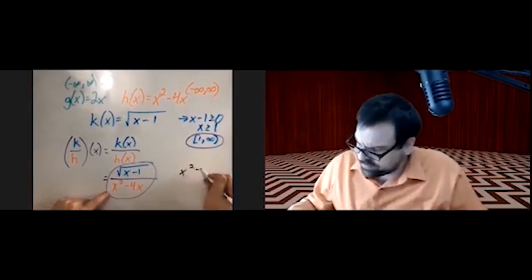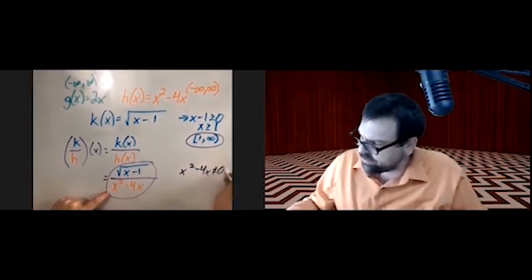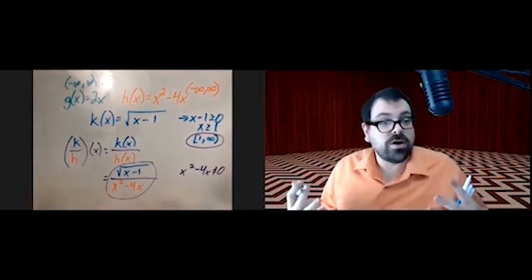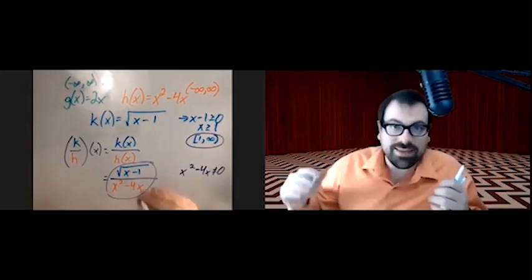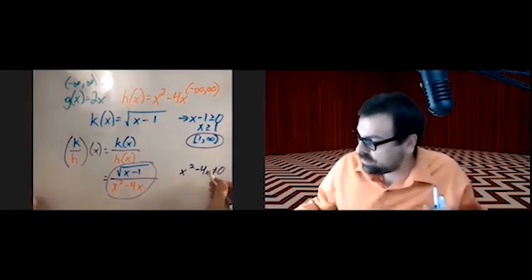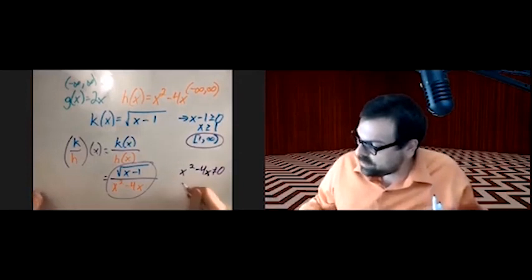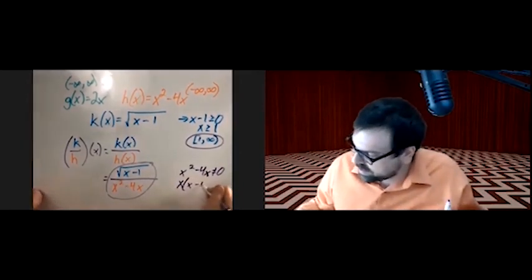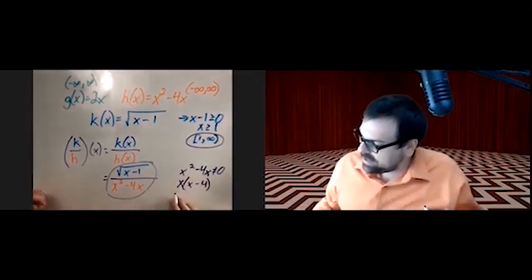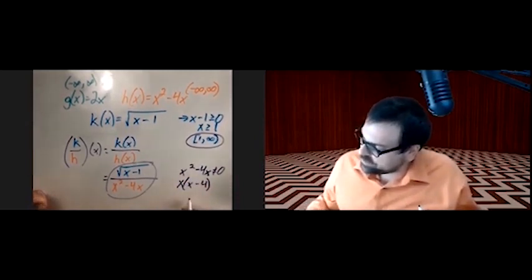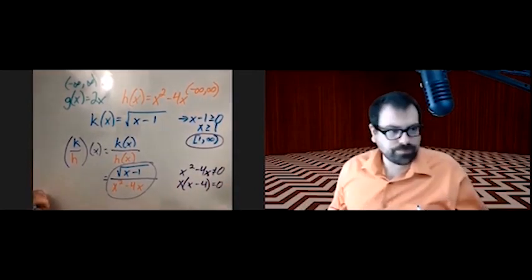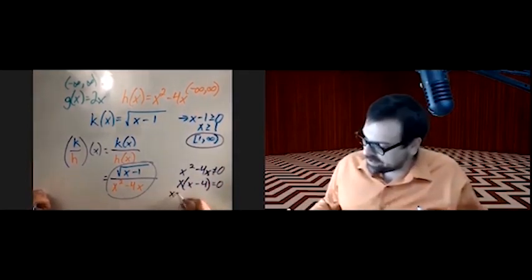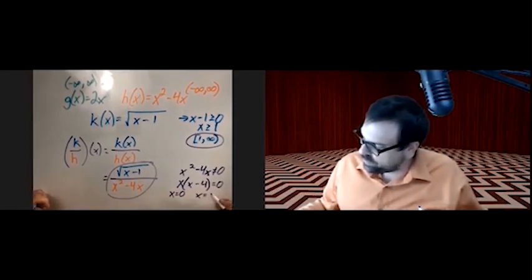So x squared minus 4x can't be equal to 0. How do we solve quadratics like this? We factor. Again, that is old material. x minus 4 times x is what gives us x squared minus 4x. So that means x equals 0 or x equals 4.